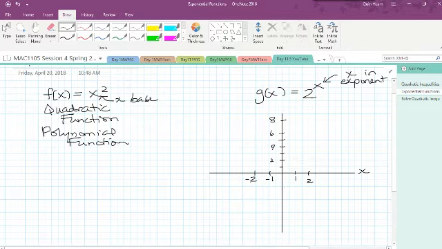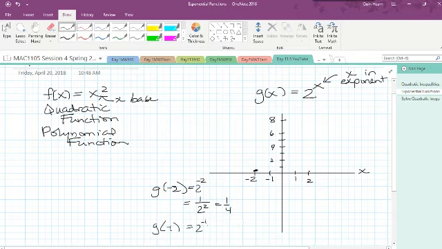G of -2 would mean 2 to the -2. Remember, a negative exponent means 1 over the positive version, so 1 over 2 squared, or 1/4. So we would get a tiny little fraction. How about g of -1? That's going to be 2 to the -1, which is 1/2. So we'd get a fraction there as well, a little bit bigger, but still pretty small.